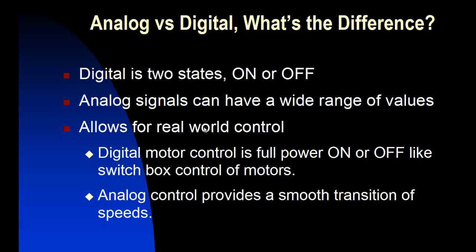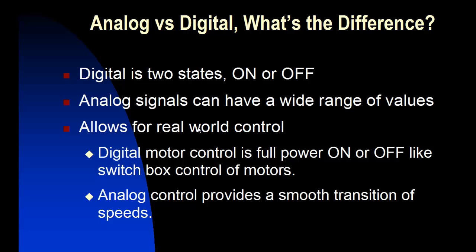When we read values of 0.25, 0.75, 2.5, 3, all the way on up to 5 volts, anywhere from 0 to 5 volts, you can sample and return a quantized value of your analog signal. The analog also allows for real-world control.